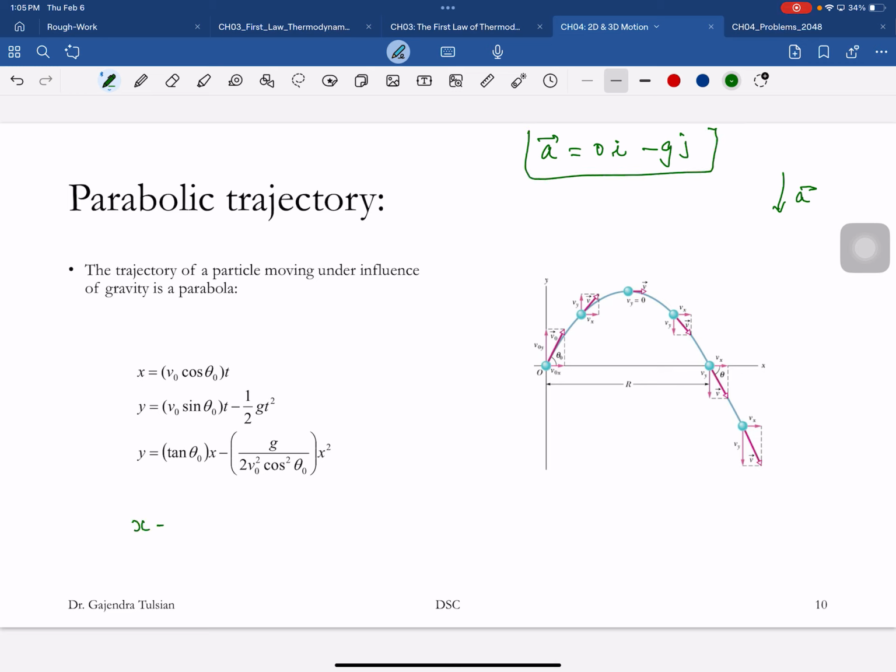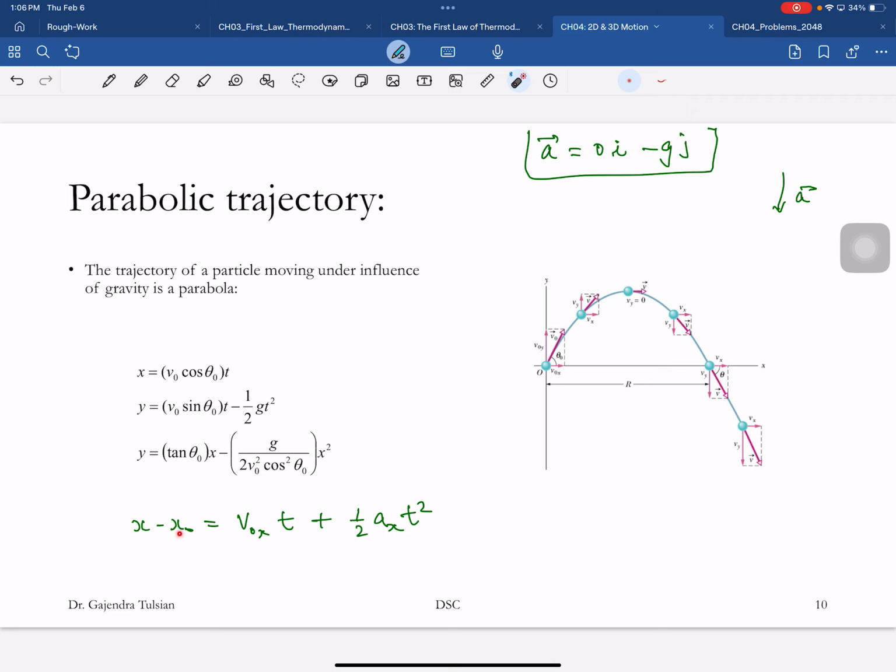So x minus x naught is v naught x t plus 1/2 ax t squared. These are the kinematic equations that you've seen before, and we're applying them to the x component of the motion and the y component of the motion. This is the final x location at time t.